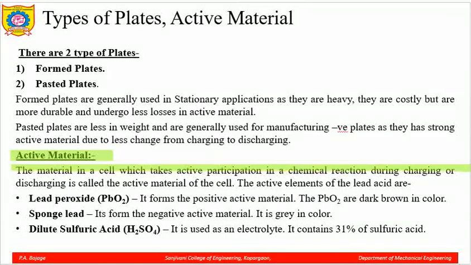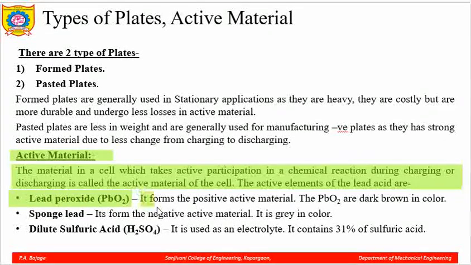The active materials of a lead acid battery are, first, lead peroxide, that is PbO2. It forms the positive active material, has a dark brown color, and takes part in the chemical reaction.